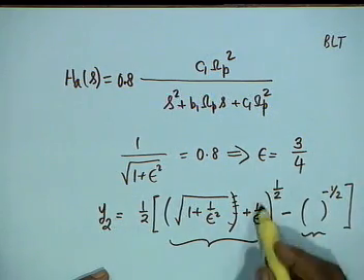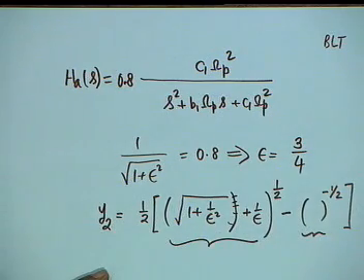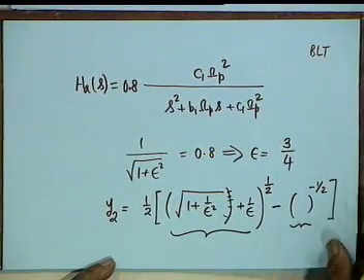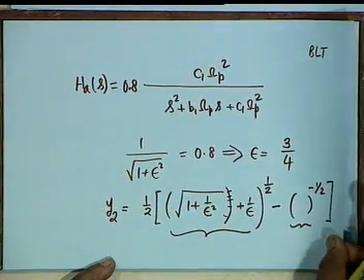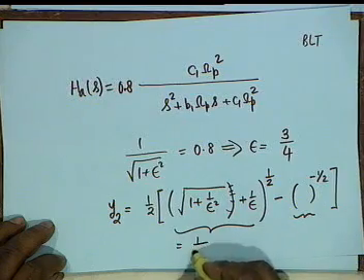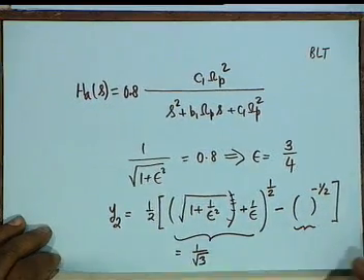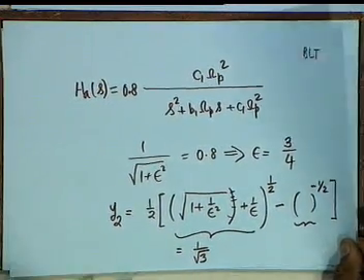In computation you calculate this and just take the reciprocal of that for the other part. If you substitute the value of epsilon, y2 calculates out to 1 by root 3.